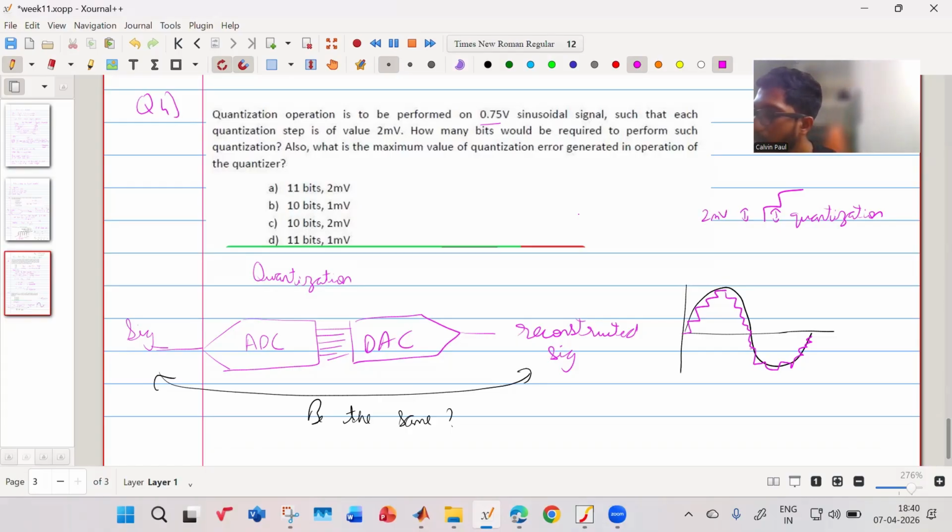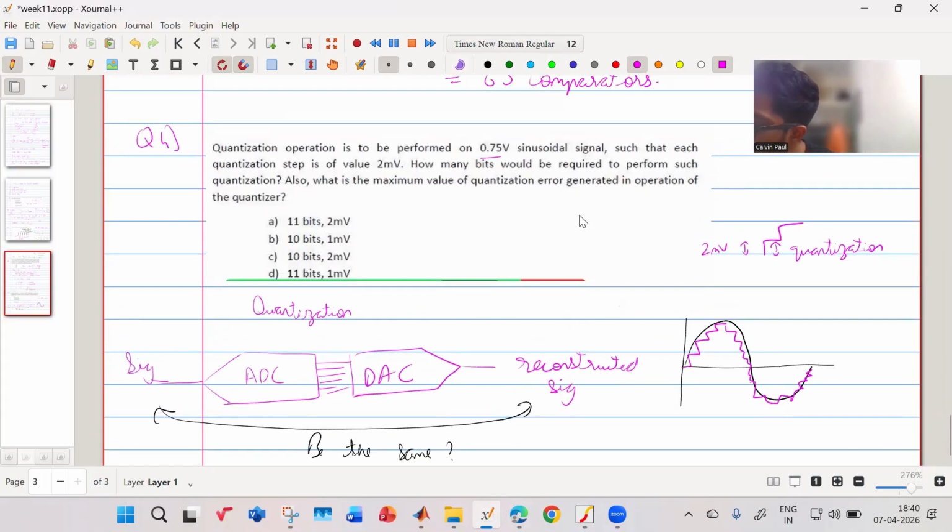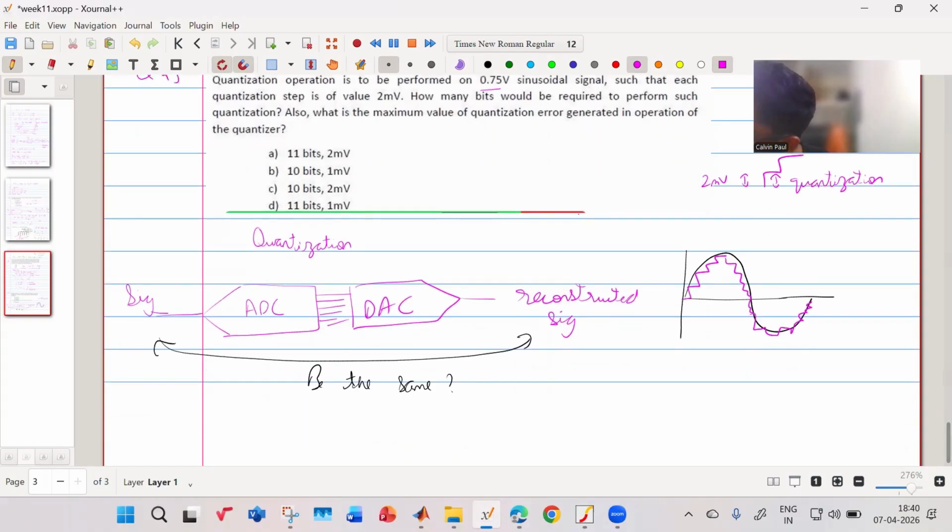They're asking us to find out what would be the error. Your signal could be here, here, or here, in which case the error is more.